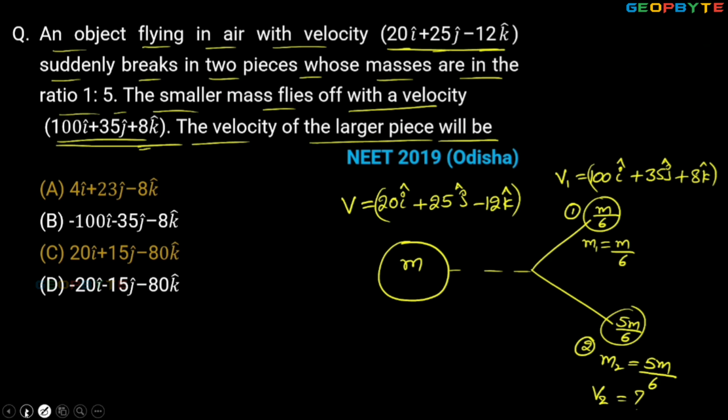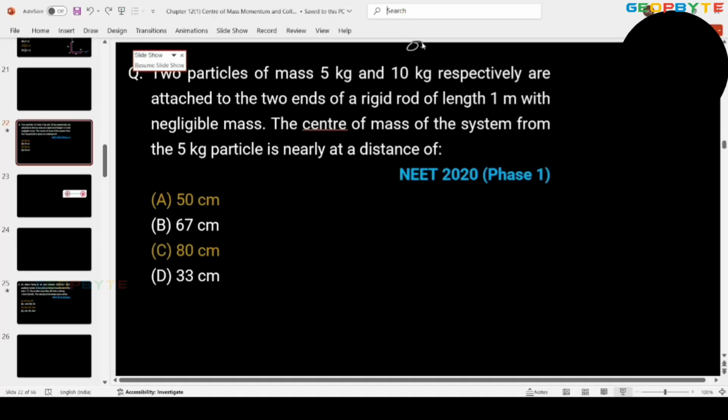Let us apply conservation of linear momentum, that is, m into v equal to m1 v1 plus m2 v2.